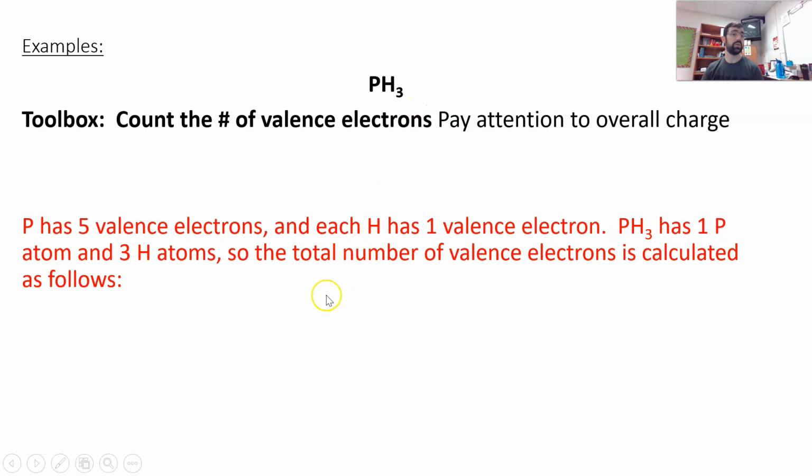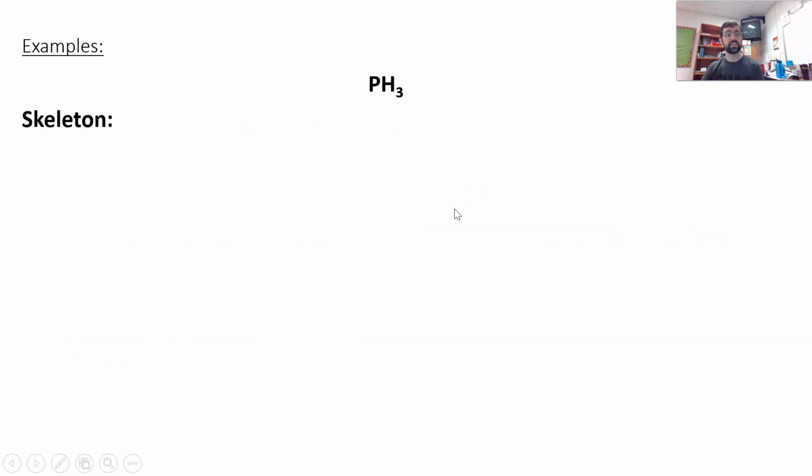The way we do that is we're going to have 1, because there's only 1 phosphorus, times the number of electrons in phosphorus, which is 5, plus 3 times the number of electrons in hydrogen, which is 1. So we do it like this: 5 times 1 plus 1 times 3, or 5 plus 3, we end up with 8 valence electrons. 5 electrons came from phosphorus, 1 from each hydrogen, so 5 plus 3 gives us 8. Hopefully that makes sense.